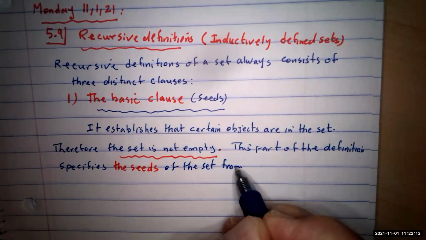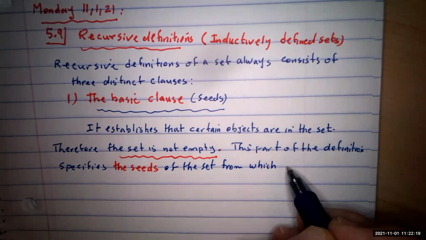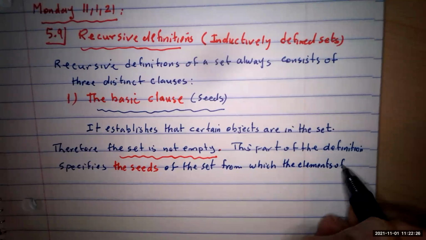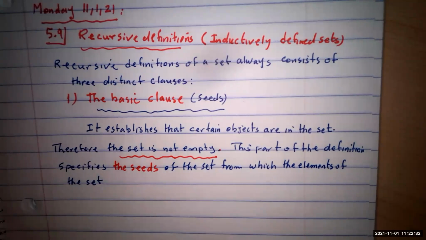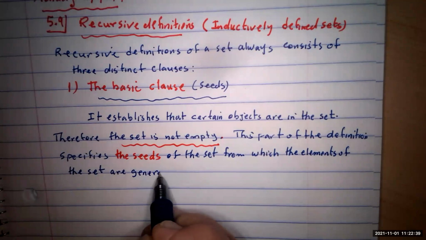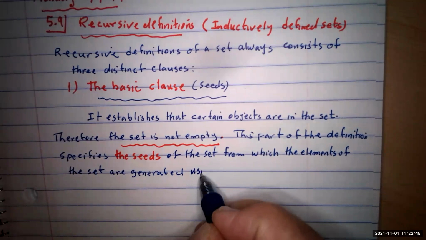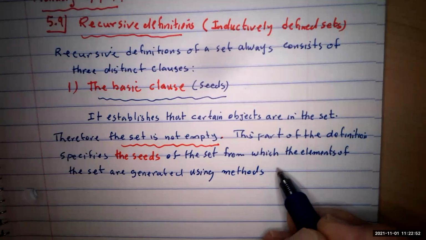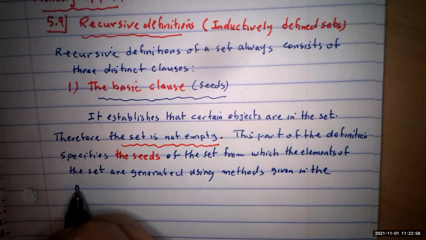Of course, from that I can grow something, from which the elements of the set are going to be produced or generated, generated using a machine, using methods given in the next step.